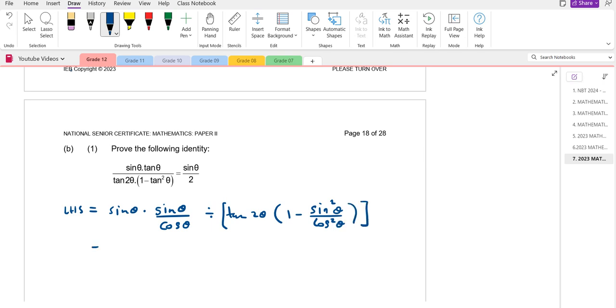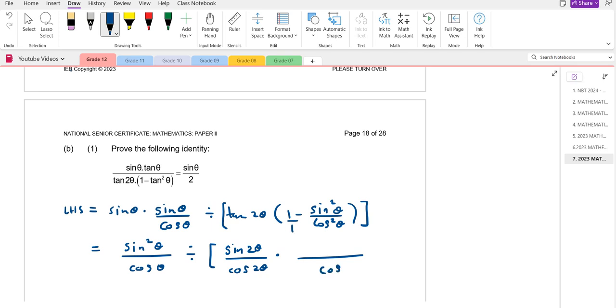Now sine times sine is sine squared theta over cos theta divided by tan 2 theta. I'm just going to leave it as tan 2 theta, you can write it as sine 2 theta over cos 2 theta. Now we're going to do LCD here. That's 1 over 1, so cos squared theta is my denominator, and on the numerator I've got cos squared minus sine squared.